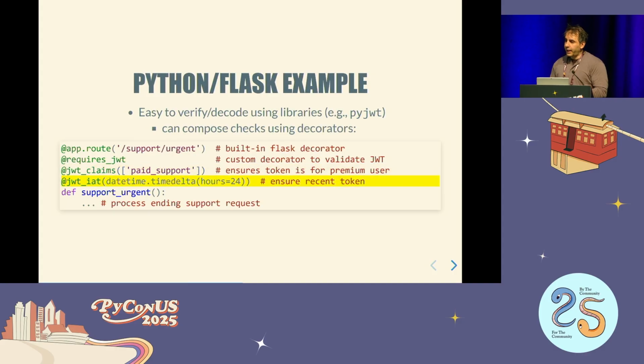Next, we can have another kind of decorator, JWT_IAT. Here we're going to check that iat field to make sure they paid for support recently. So they paid within 24 hours or something. And then if all of those pass, we'll provide the service in the application server. Again, the point here is you can very easily write Python code to compose these decorators to get the kind of validation you want in your application server.